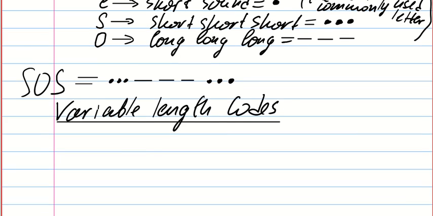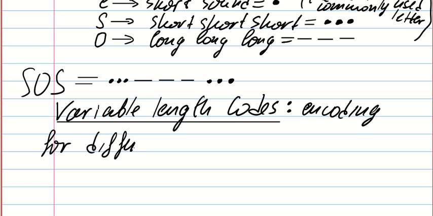So what does it mean, variable length code? That means the encoding for different letters has different lengths.